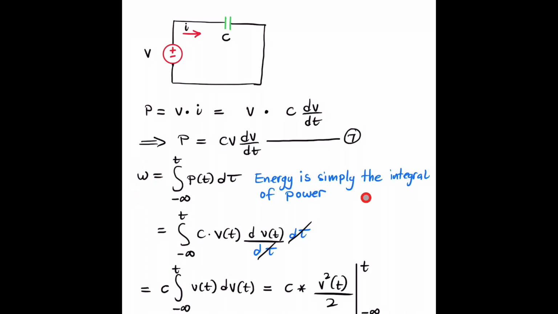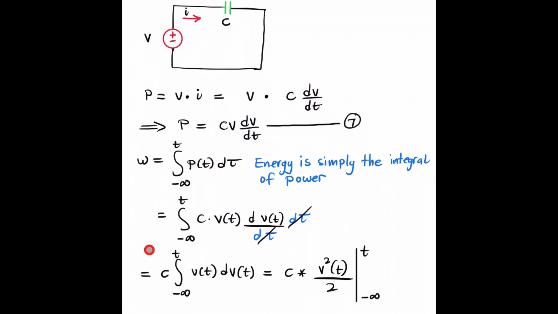Energy is simply the integral of power. So this is the integral of the power with respect to tau from minus infinity to t, and this power is this C v dv/dt.